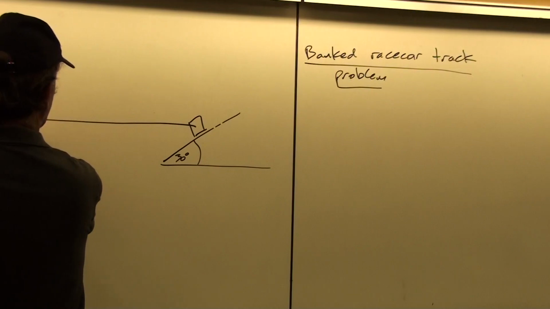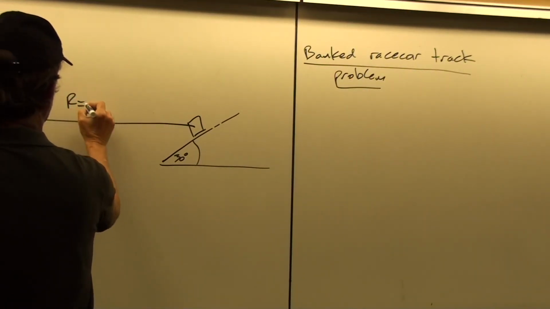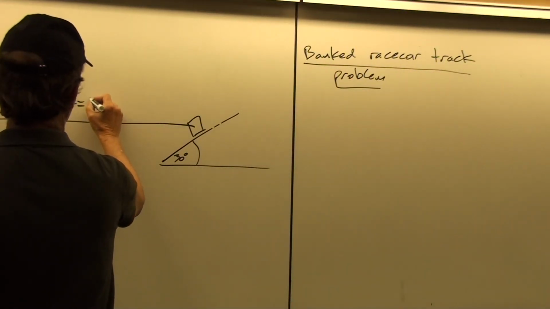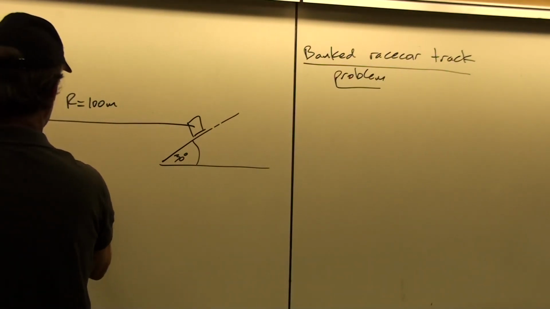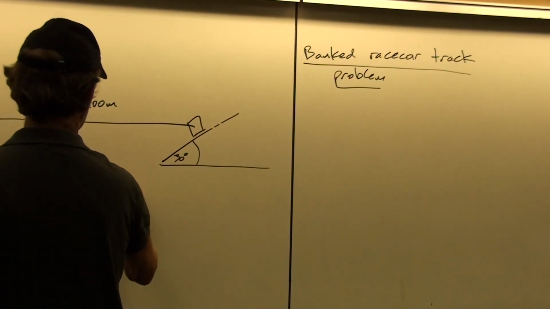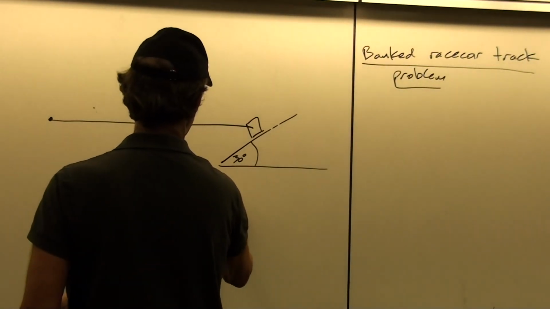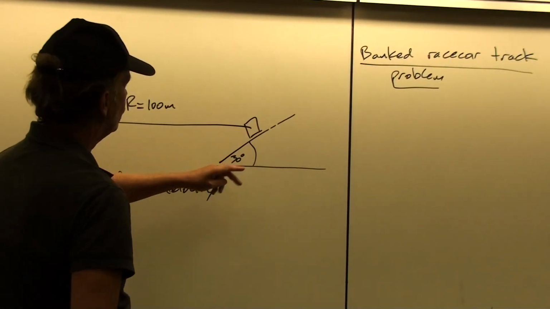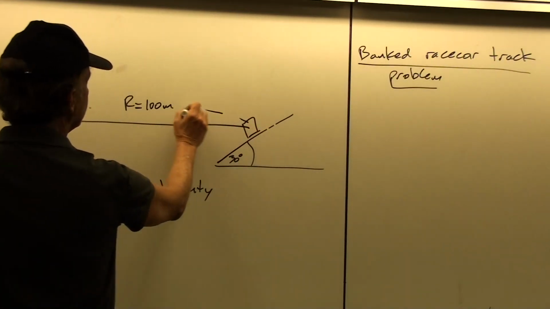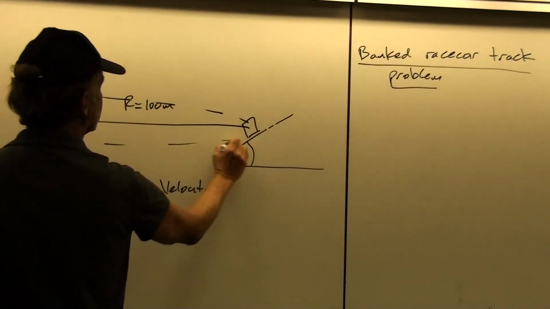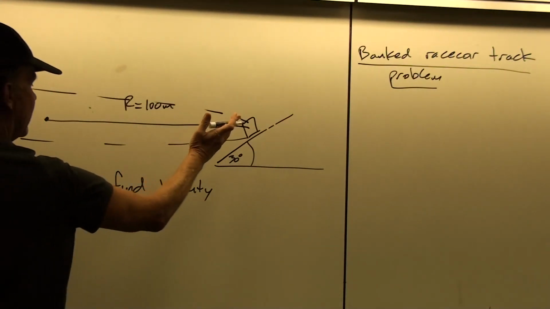And let's say that the radius of this circular track is 100 meters. And let's find the velocity that will allow for the race car driver to be able to take the circular track. So it's going round and round in a circle, but on a banked track.